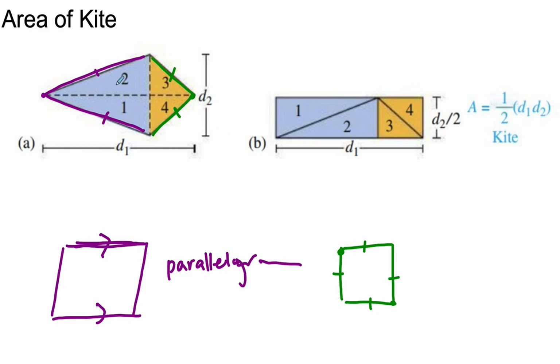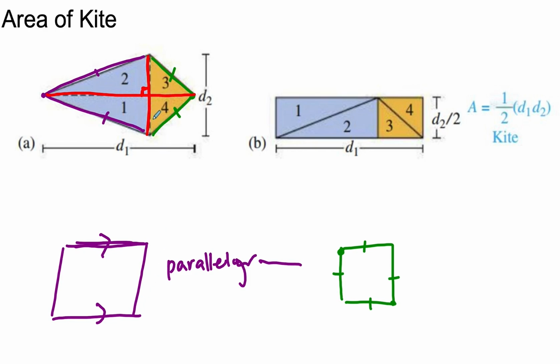Okay. So if you are given a kite like this, you can see how I can dissect it. So this diagonal here, let me use a different color. So I can have one diagonal here and there's another diagonal, and the diagonals are perpendicular to each other.